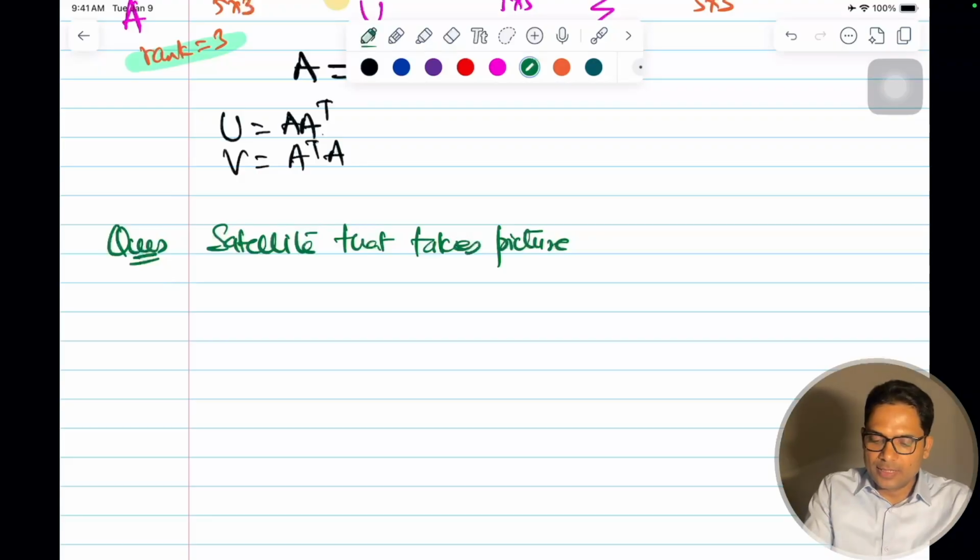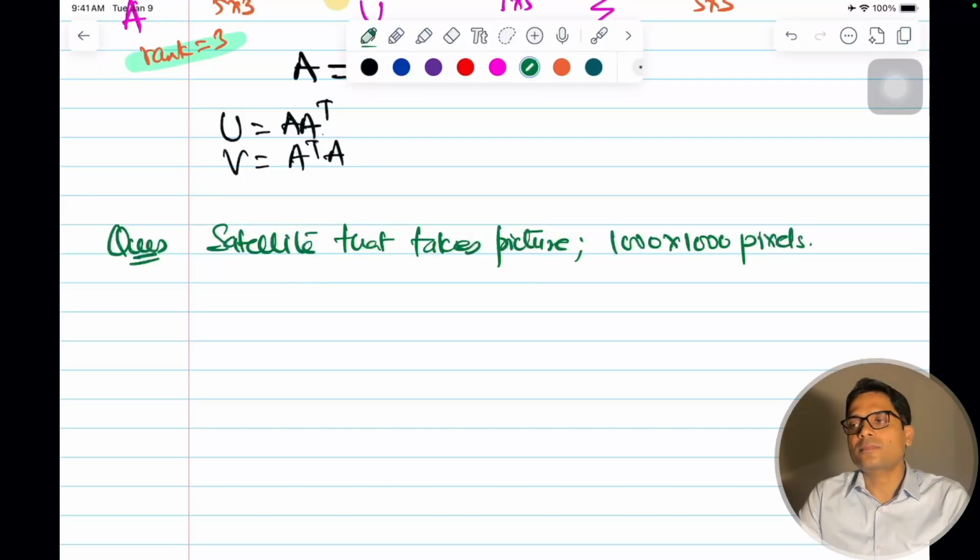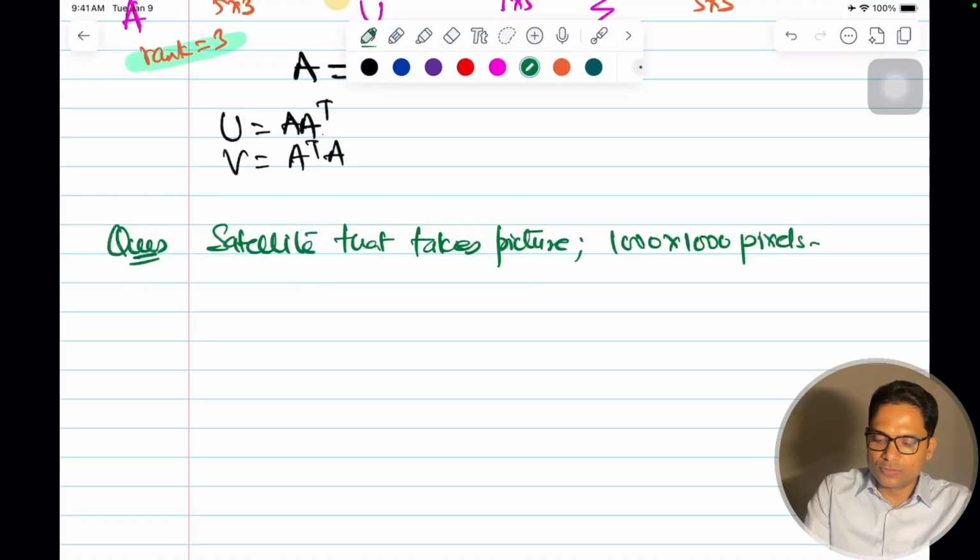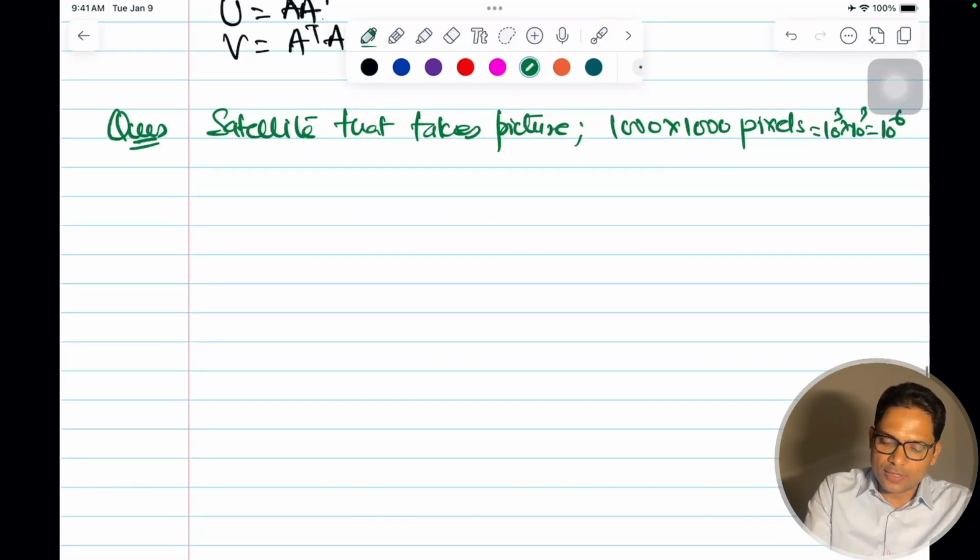It is taking pictures, and say for each locality the dimensions of the picture are 1000 into 1000 pixels, that is 10 power 3 into 10 power 3, equal to 10 power 6 pixels, which is about 1 megapixel.